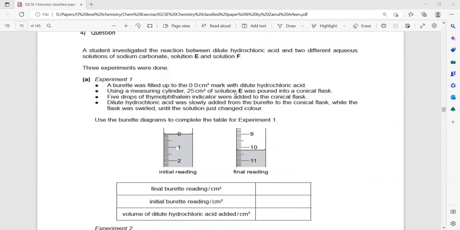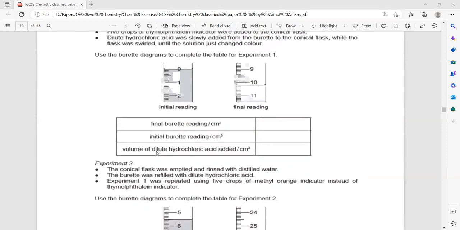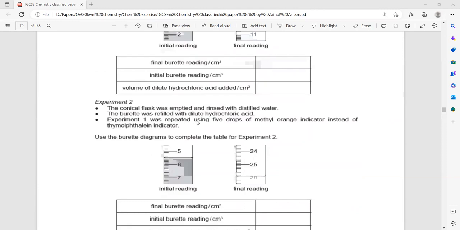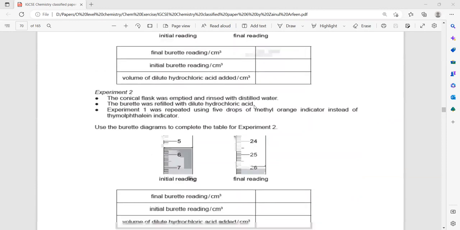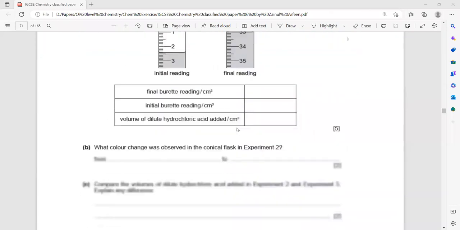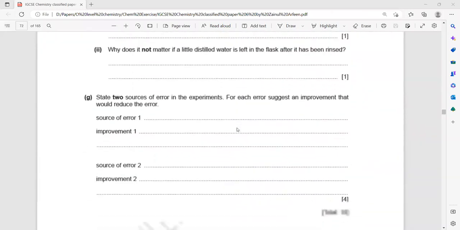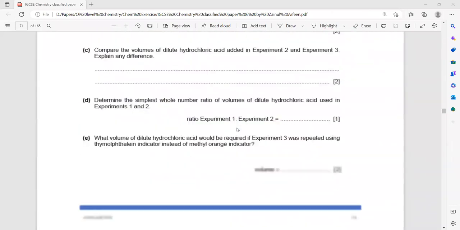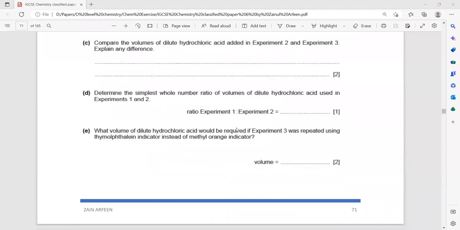Experiment 1 was done with hydrochloric acid in solution E. Experiment 2 was done with hydrochloric acid in the same solution E. And experiment 3 was done with hydrochloric acid in solution F. But here in the question they ask the same solution but with a different indicator. So using a different indicator, the ratio of volume will be 1 is to 1.5.